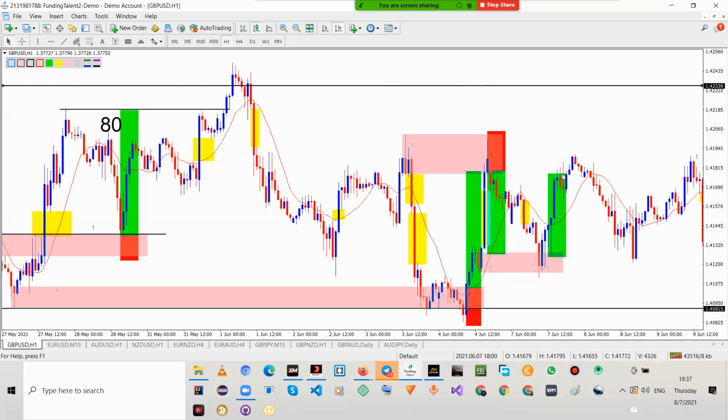So let me speed up a bit. Order block, and we have a candlestick value here. We have it here. Maybe you're not able to see this very big candlestick.